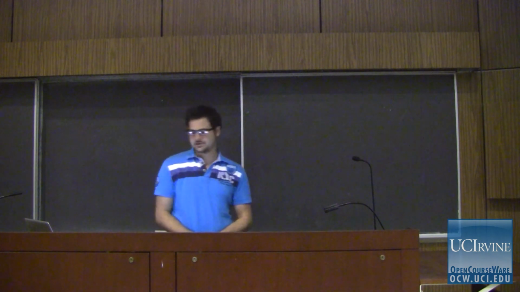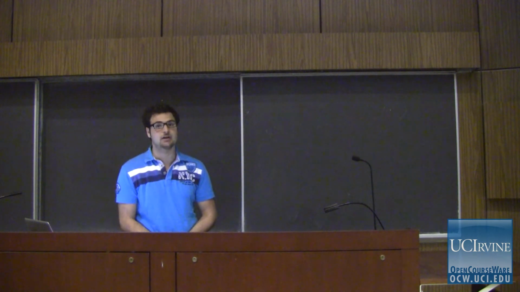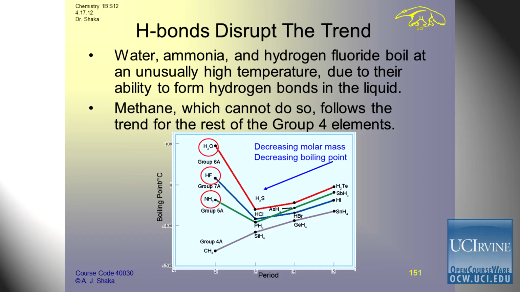Now, of course, this decrease in the molar mass does not apply to the things that hydrogen bond. We're talking for ordinary molecules, because you can see it kind of shoots up when you start doing hydrogen bonding.